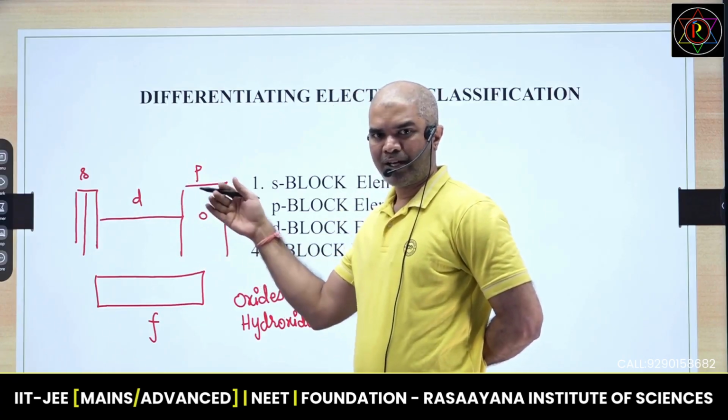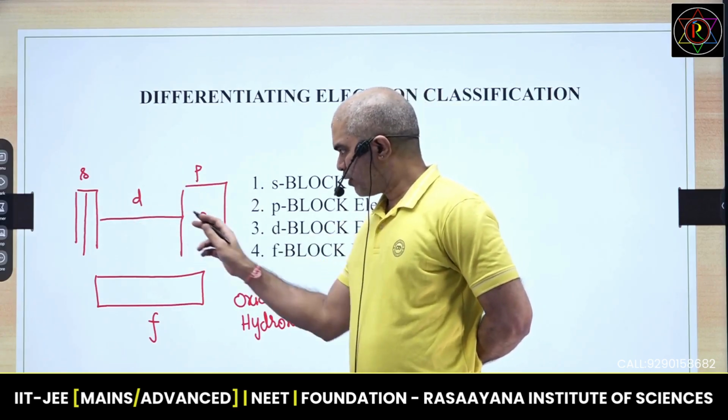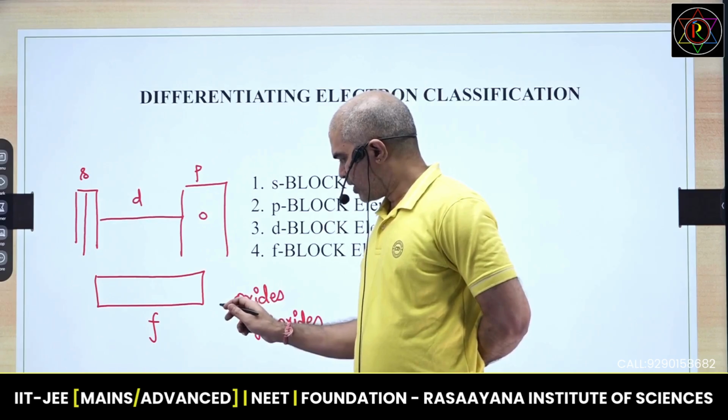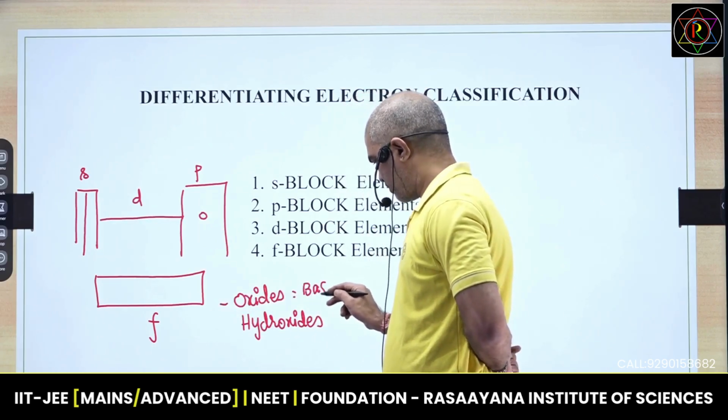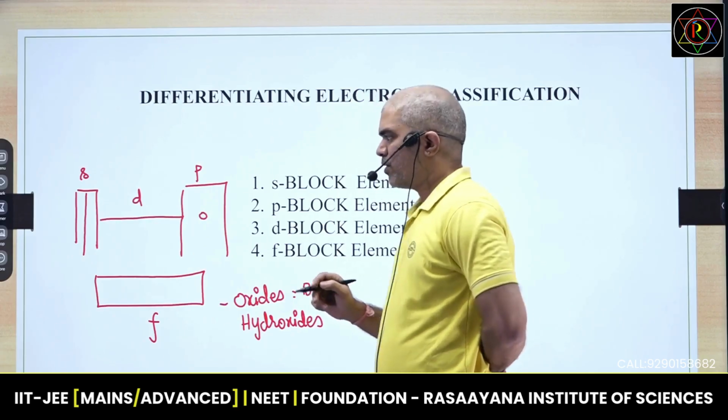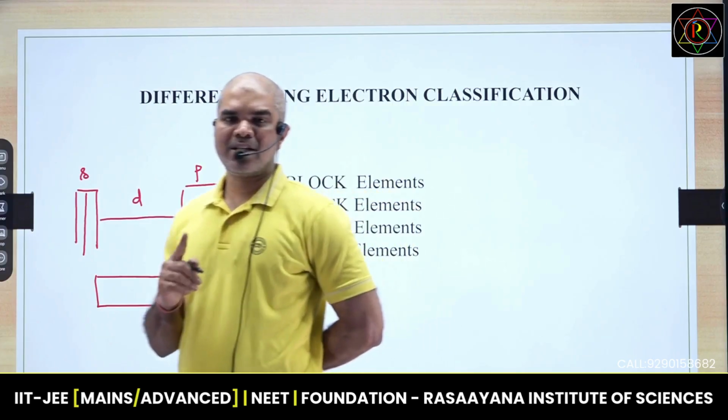Between an S block element and oxygen, the electronegativity difference will be large. So most of these oxides are found to be basic in nature. Most of the 1A and 2A group oxides are basic in nature.